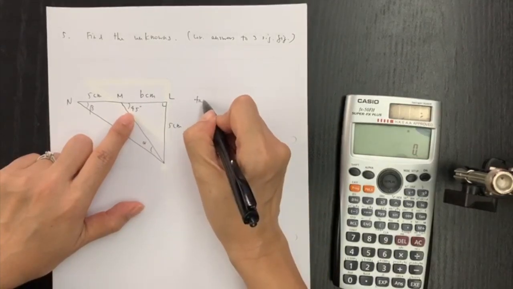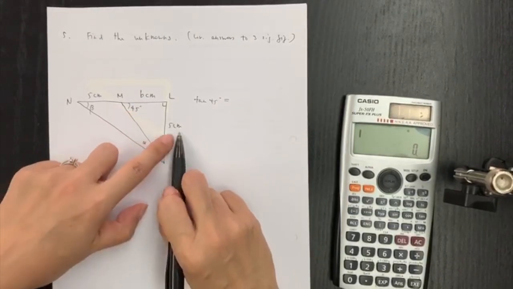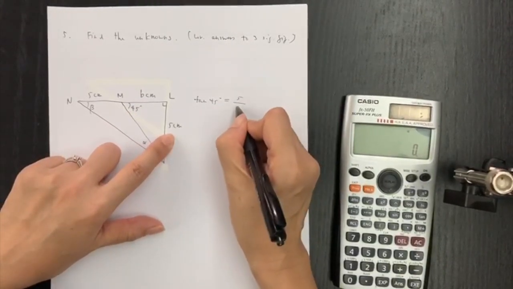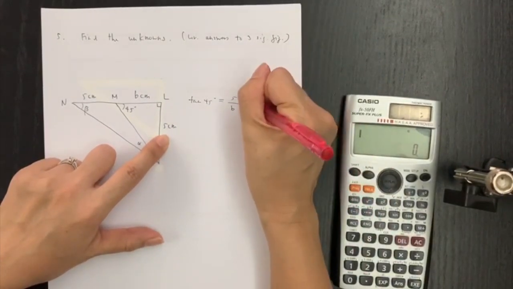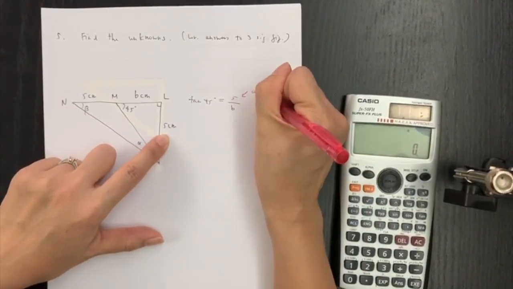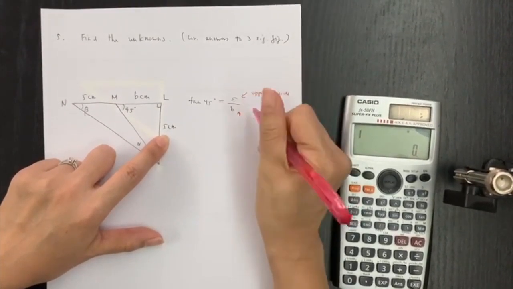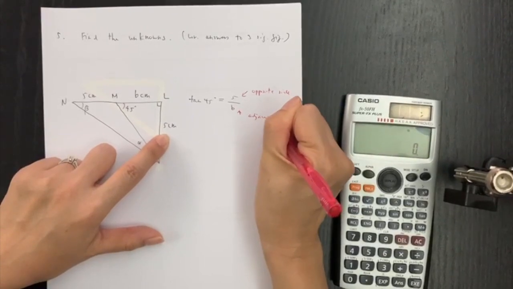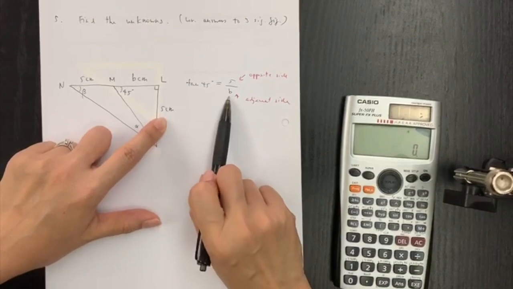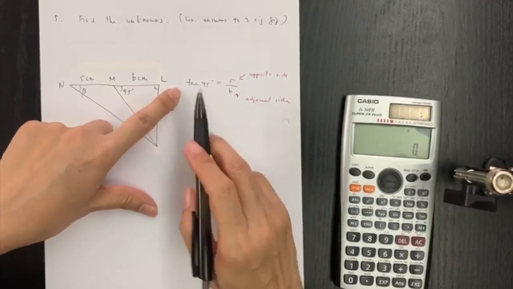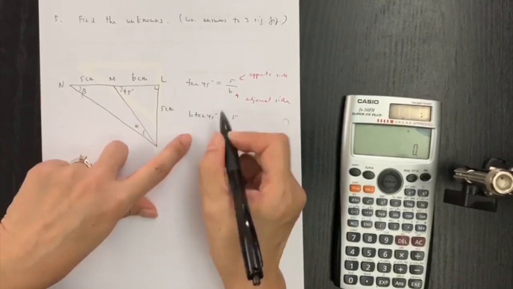Therefore, I have tangent 45 is equal to the opposite side, which is 5, over b. Tangent formula is the same as the opposite side over the adjacent side. Now I need to solve the equation to find b. I move b here, so that would be b tangent 45 is equal to 5.